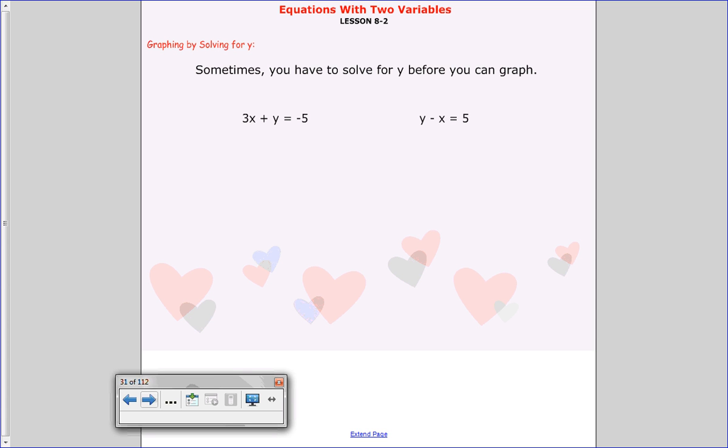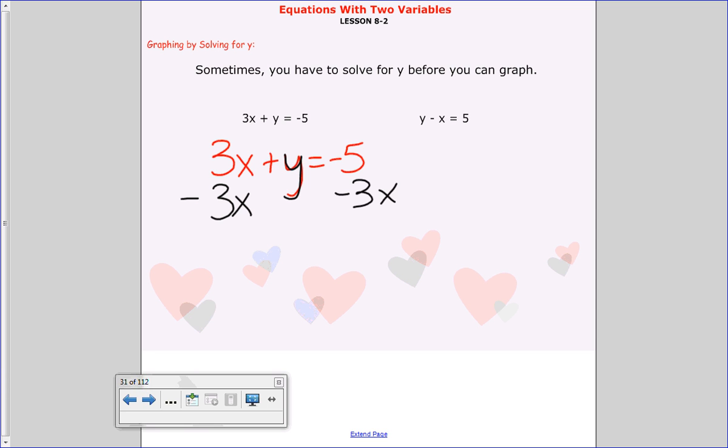When they give you something like this, your first job is to change the equation or transform it so it's just y equals something. So for example, this first one, I have that 3x plus y is equal to -5. We need to solve it so it's just y equals, meaning we have to get rid of that 3x. Because I have a positive 3x, I subtract that 3x to move it to the other side.